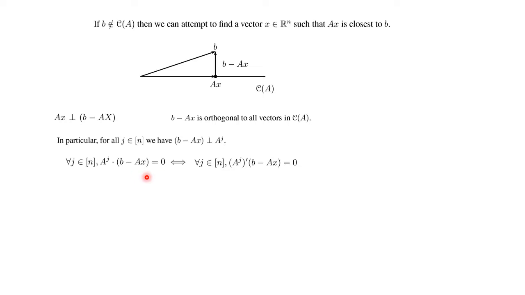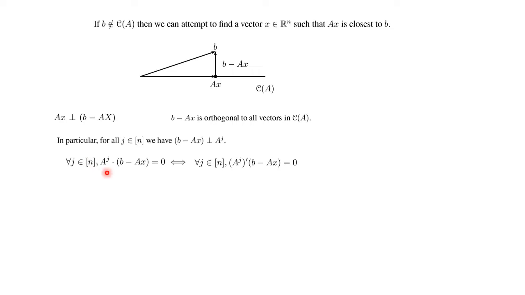And when you form the dot product of two vectors, by default, vectors for us are column vectors. So aj is a column and this is a column. Well, then you take the transpose of the vector times b minus Ax, that forms the dot product. Make sure that you're comfortable with that.